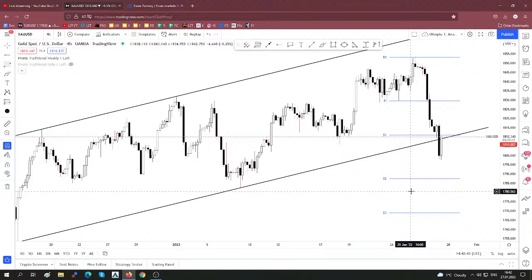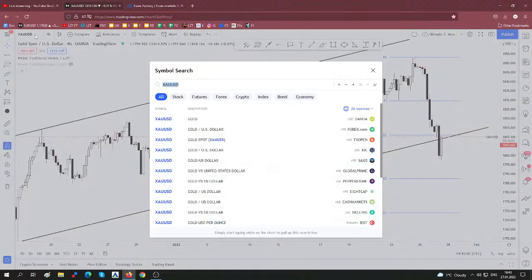Of course, you will use the same levels: pending orders, instant execution, stop loss, take profit. Yeah. Okay.